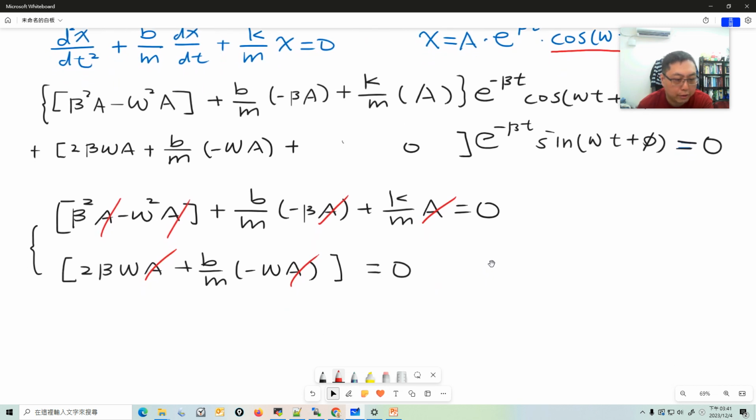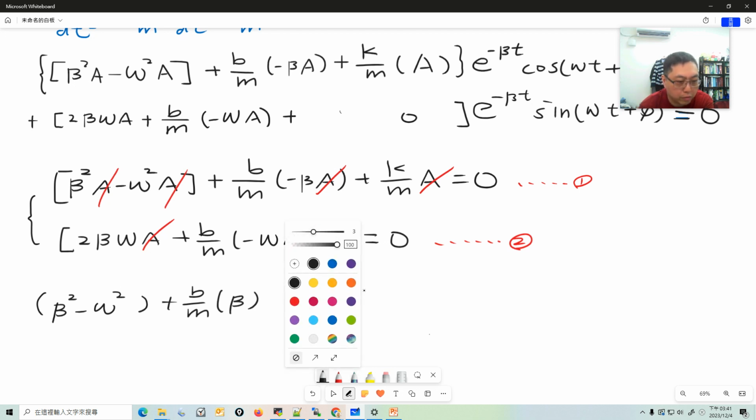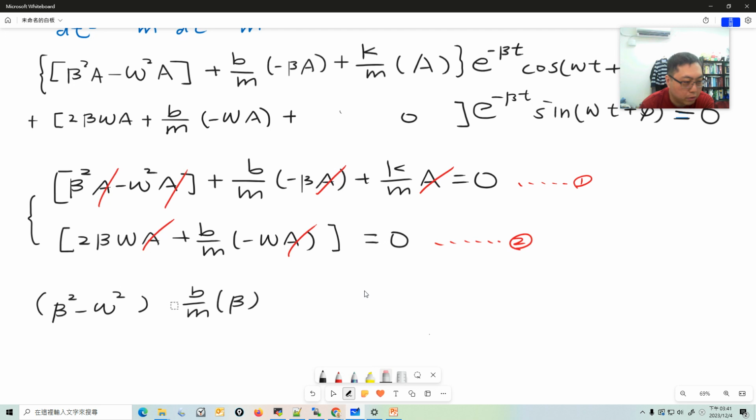So by these two equations, what do we have? First of all, let us see. Beta squared minus omega squared, that's the first term, 1 plus b over m times beta, and this is minus.